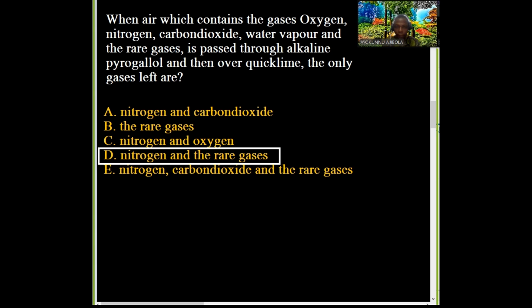At room temperature, calcium oxide, which is CaO, will spontaneously absorb carbon dioxide from the atmosphere. So with the quicklime, carbon dioxide has been absorbed, water vapor has been absorbed, oxygen has been absorbed, remaining only nitrogen and then the rare gases.